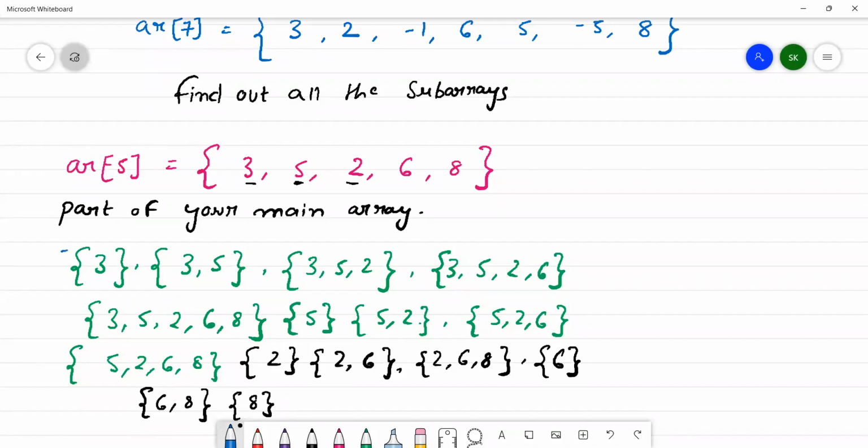We can count 1, 2, 3, 4, 5, 6, 7, 8, 9, 10, 11, 12, 13, 14, and 15. Guys, is it clear or not? Are we missing anything here?